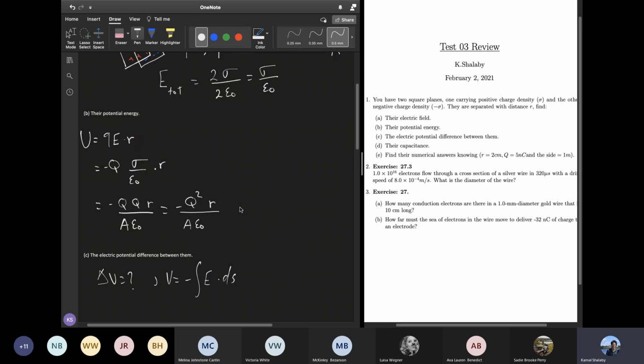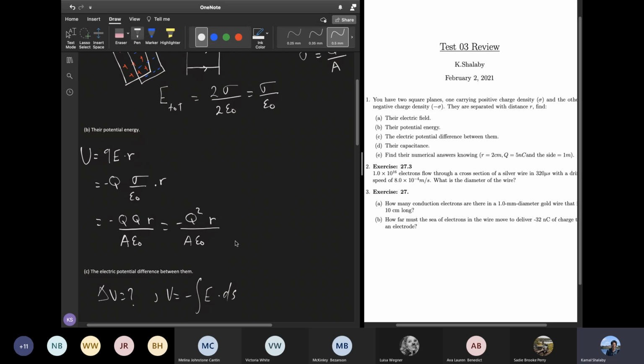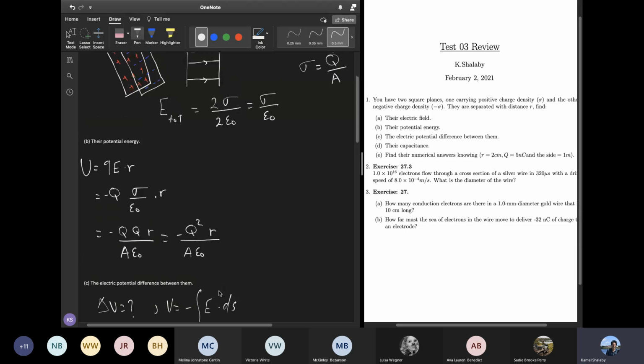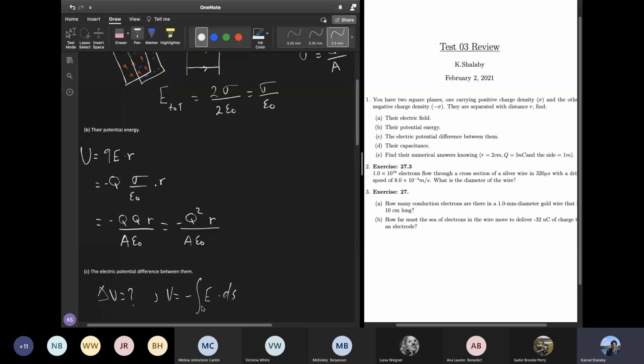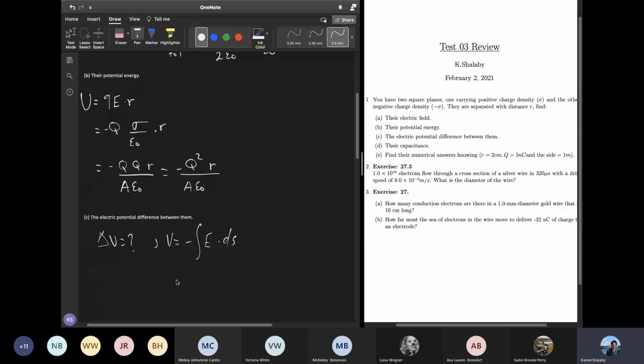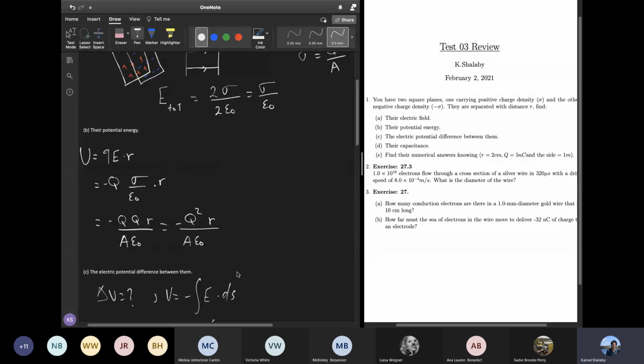But since we have E here constant, since E is constant between the two plates, you can just take it outside the integral. So then V will equal to negative E, the integral of ds. And ds here is just a straight line.